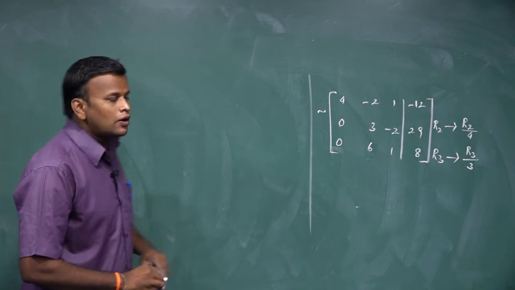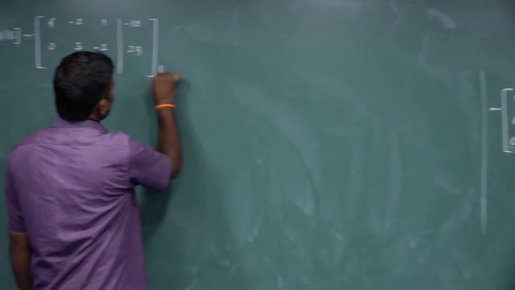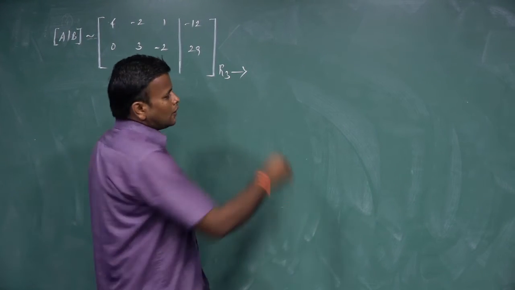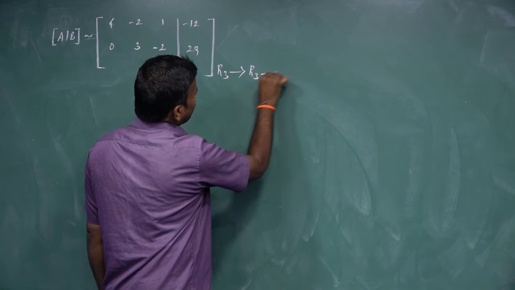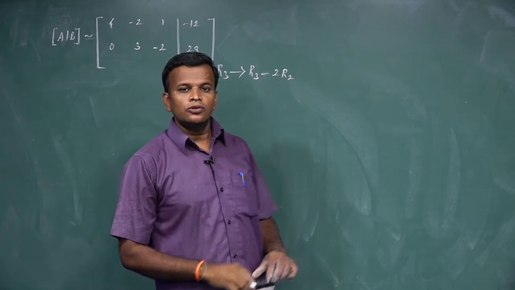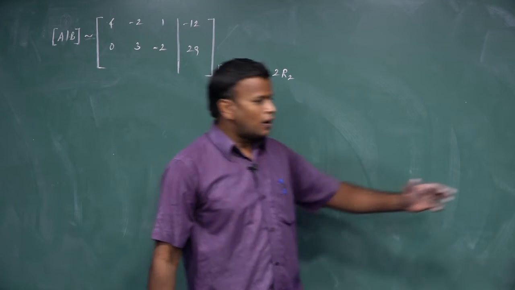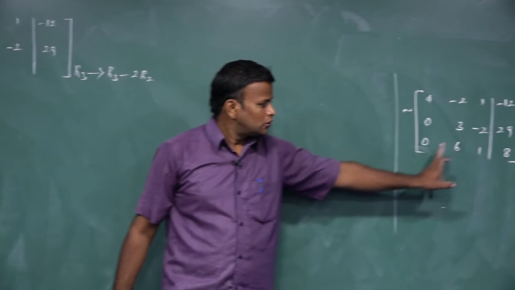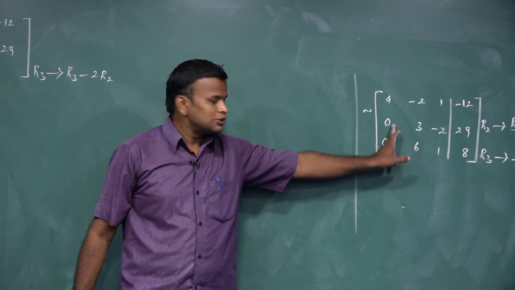So now we write this R3 as R3 minus 2 times of R2. This element is no problem. All the numbers are 0.